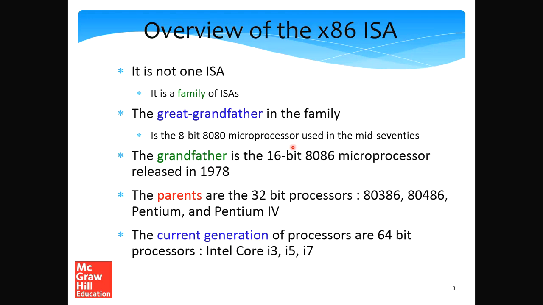So again, why is the name of this architecture x86? Because as you can see from the previous slide, there are a lot of microprocessors with the suffix 86: 8086, 80386, 486, Pentiums, Intel Core i3, i5, i7. All of them pretty much use the same kind of assembly language.